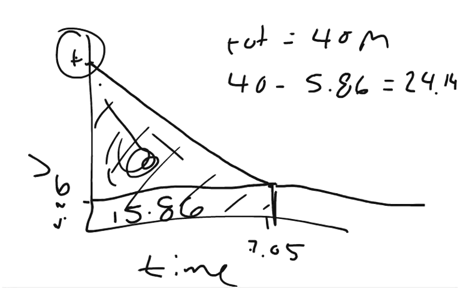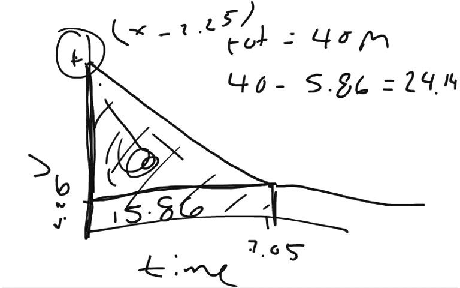Well, the area of a triangle is the base, which is 7.05, times the height, which is some unknown height minus 2.25. All of that height would be x, and we want to chop off the 2.25, so the height is x minus 2.25.